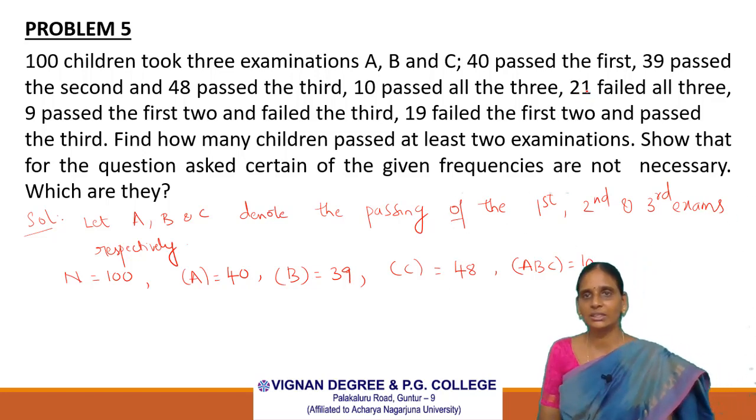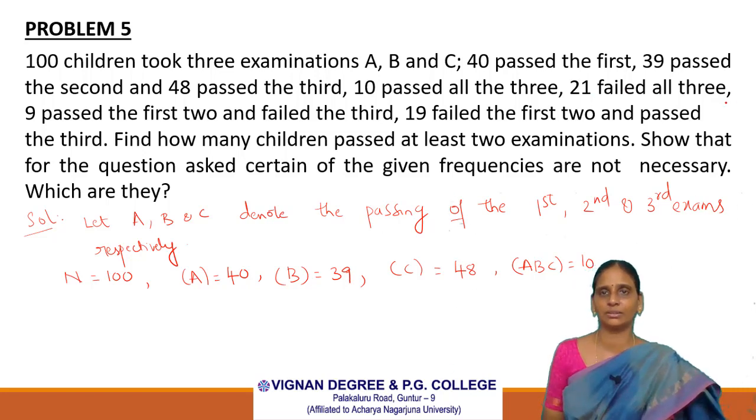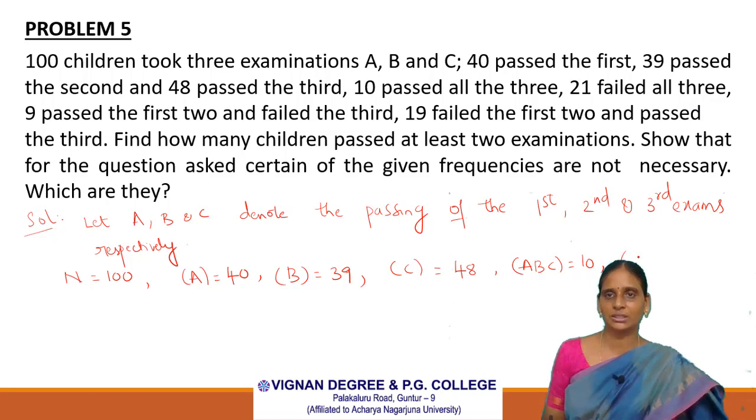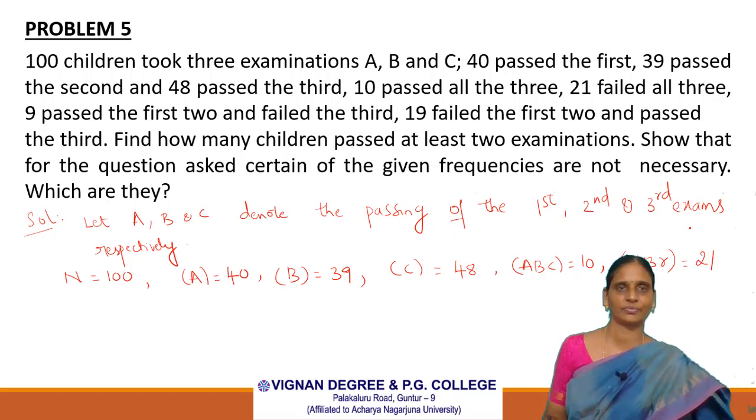And next one is 21 failed all three. So passed the attributes are ABC and failed the attributes are alpha, beta, gamma. And 21 failed all the three means frequency of alpha, beta, gamma is equal to 21. 9 passed the first two, that means AB, and failed the third, that is AB gamma.